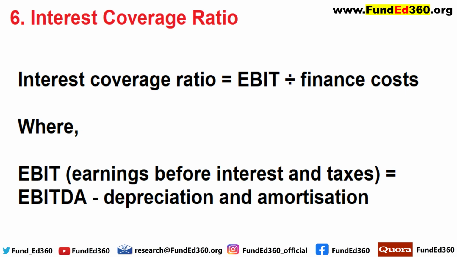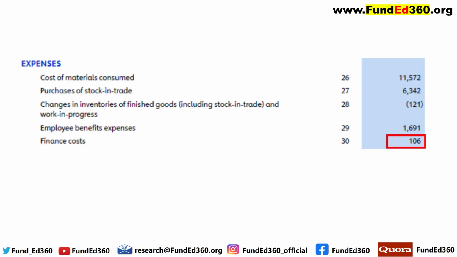Mathematically, interest coverage ratio equals EBIT, that means earnings before interest and tax, divided by finance cost. How do you get EBIT? Usually only EBITDA is given in the sheets. So you can get EBIT from EBITDA minus depreciation and amortization. In the case of HUL, we know that EBITDA is 9,600 crores.